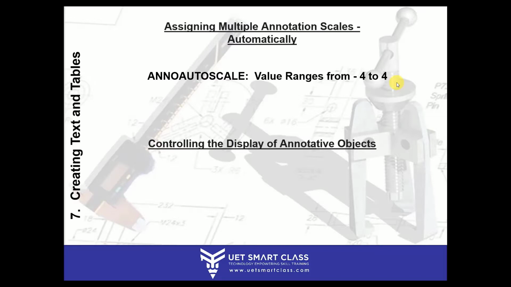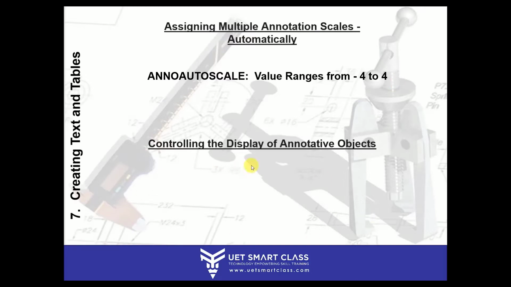So be careful about it. If you want to switch on the automatic scale as 4, and if you want to switch off, type -4. Do not type any other value. Otherwise, it will go into the same range when you switch on. So if you type -2, when you switch on, it will go into the 2 value range.